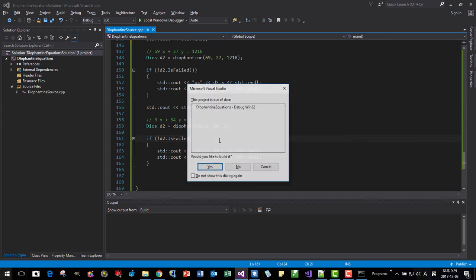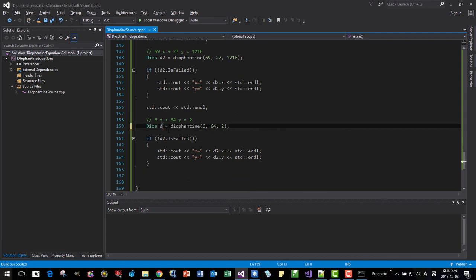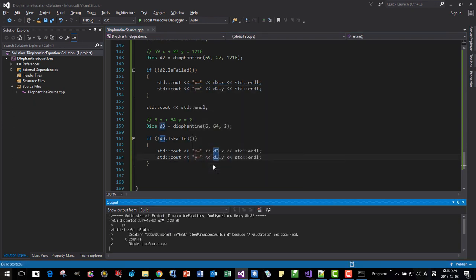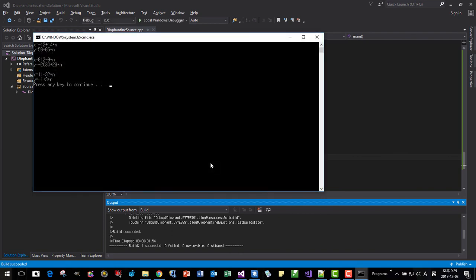Now try to run it. Cancel. It should be 3, 3, 3, 3. This is the solution. Let's compare it.